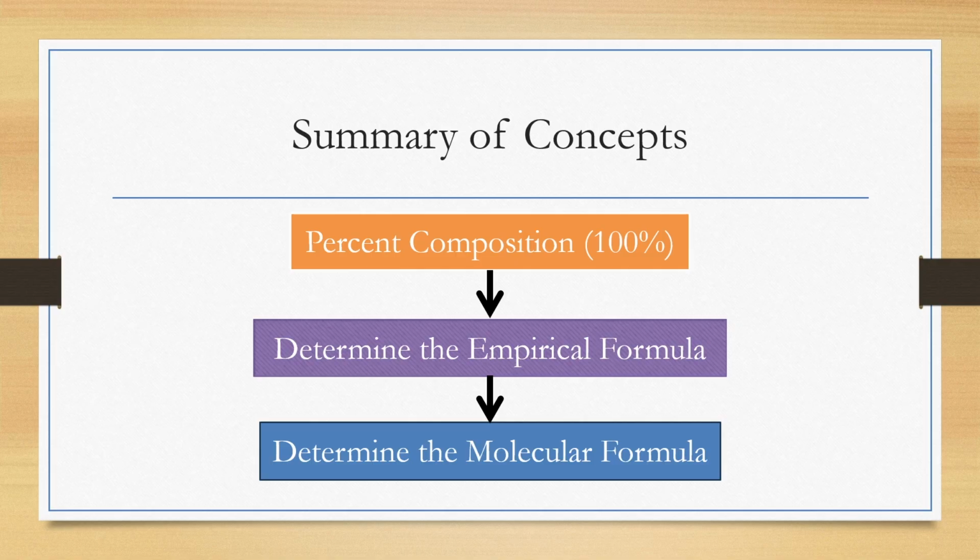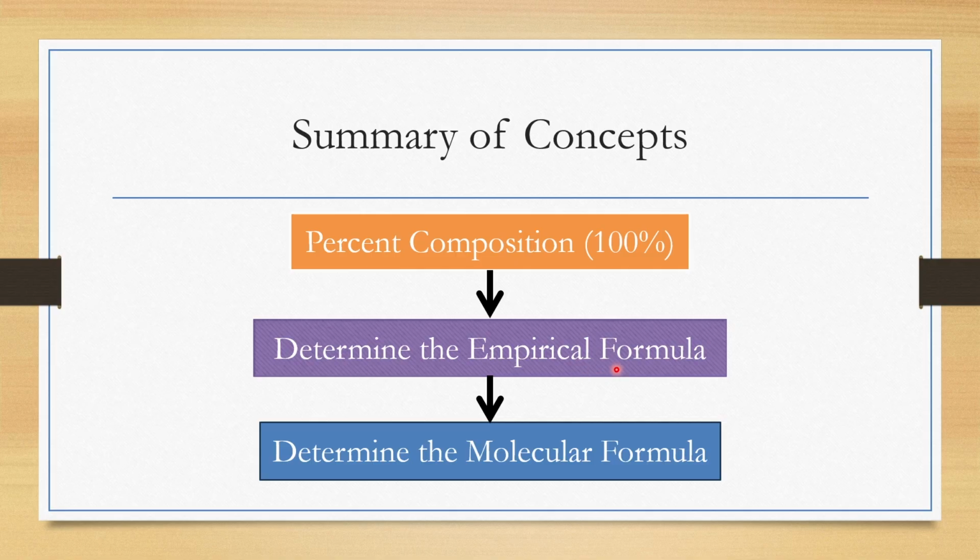Overall, to sum up the concepts, we first start with the percent composition, which is usually close to 100%. And then, similar to the problem we just worked out, we'll determine the empirical formula using the percent composition because each element, as we found out, will come out to a certain percent, and that is the ratio we can use to determine the subscript for the formula.